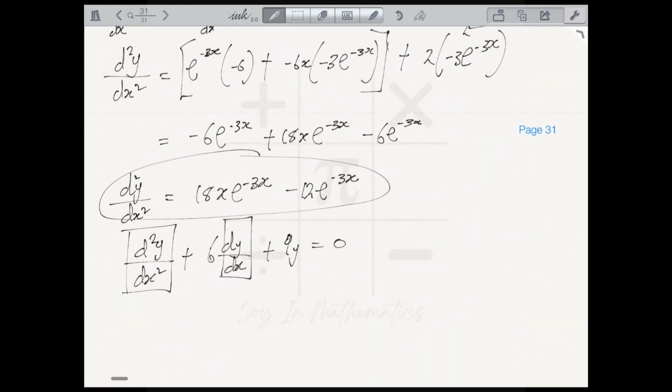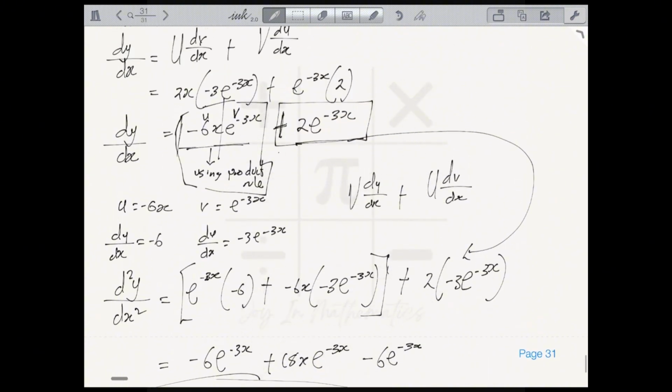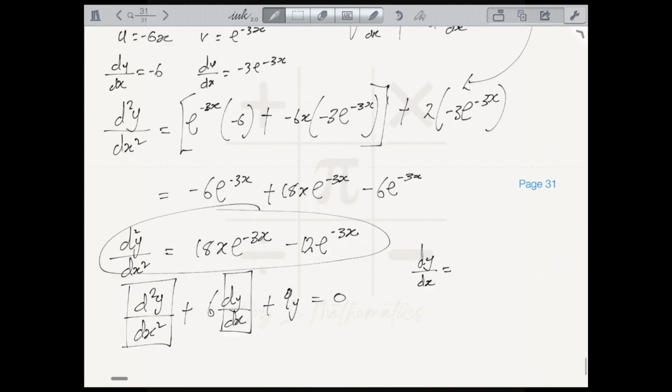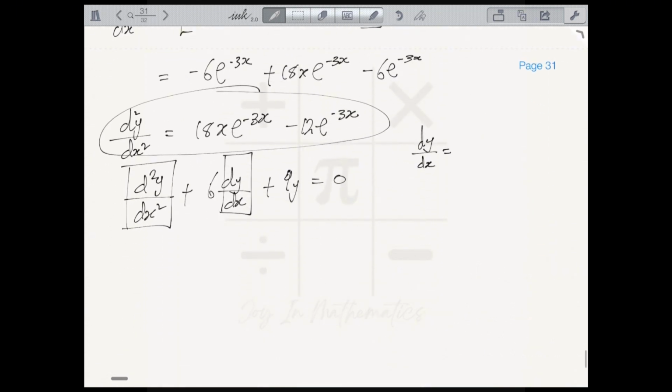And we know this is the d square y dx squared, and our dy dx that we calculated earlier is given as minus 6x exponential minus 3x plus 2 exponential minus 3x.